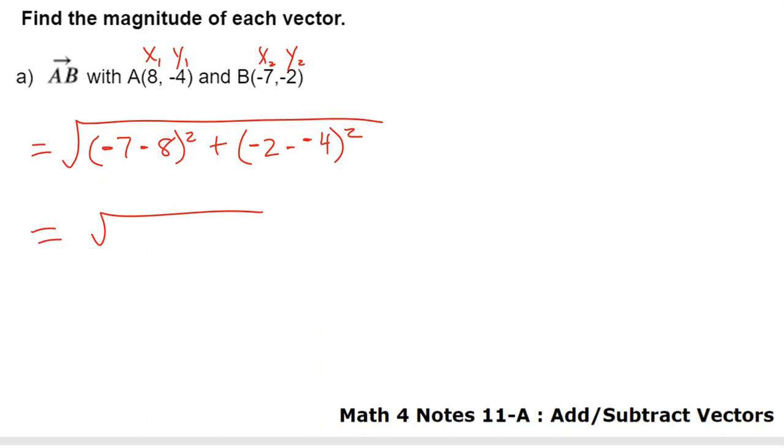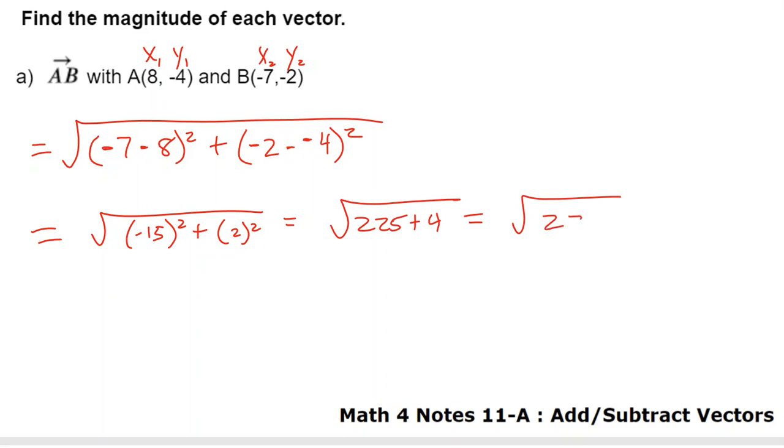So we wind up with negative 15 squared, and that's like negative 2 plus 4, which would be a positive 2. Square that. We get 225 plus 4, which is going to be square root of 229. Now, if square root of 225 is 15, then we know that square root of 229 is just barely over 15, like 15.1 or something like that.